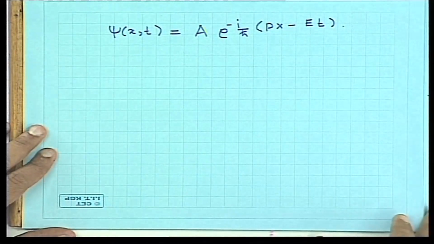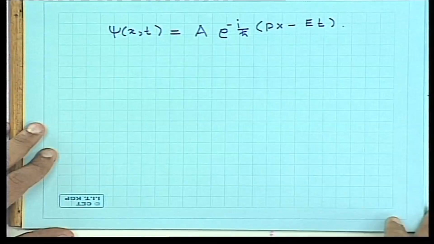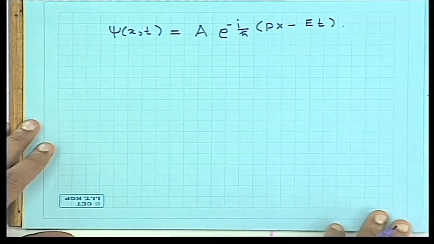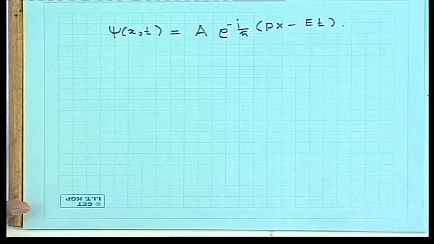It is the same wave written directly in terms of the momentum and the energy. So, we can use either expression, both are equivalent. So, this describes a particle with momentum p and energy E, and it is a wave propagating along the x axis. Now, how do we physically interpret this wave?